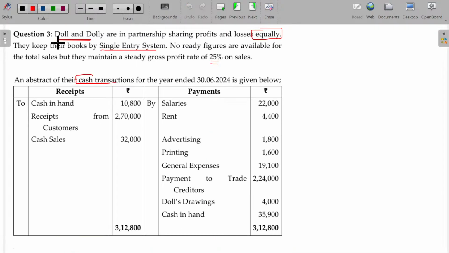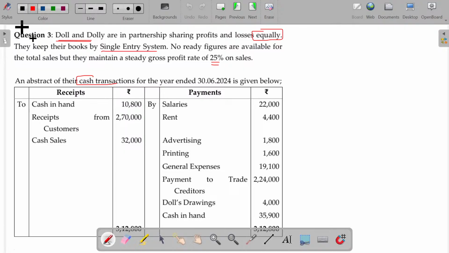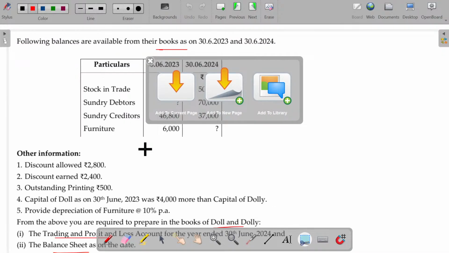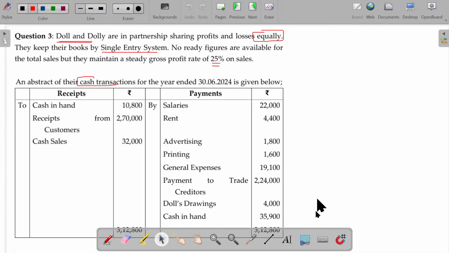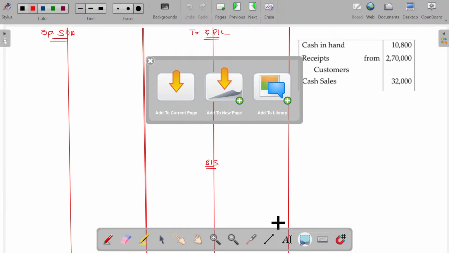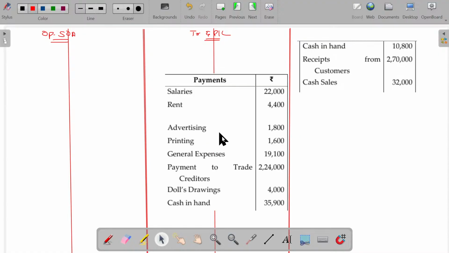We'll start with the receipts and payments to be posted: receipts items and payment items. Finish up posting this. Come on.